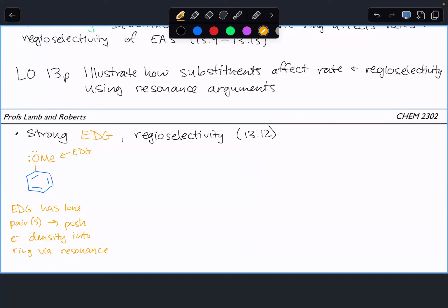All right, so now we're going to draw a bunch of resonance structures. So let's remind ourselves how to do that. When you are drawing resonance structures, you always need to start the arrow on electron density, as always. So that means starting on a lone pair or starting on a pi bond. So we're going to start on the lone pair, and we're going to push that electron density to form a double bond between the carbon and the oxygen. But then that would make this carbon have too many electrons, so we need to break a bond. So we can break this pi bond here, and we're going to dump that electron density onto the adjacent carbon.